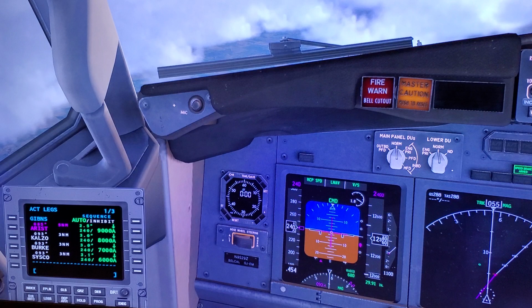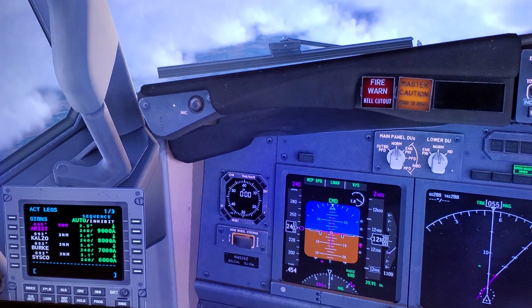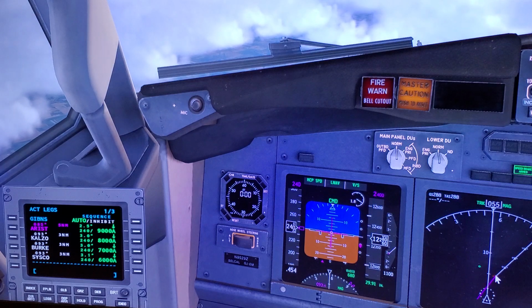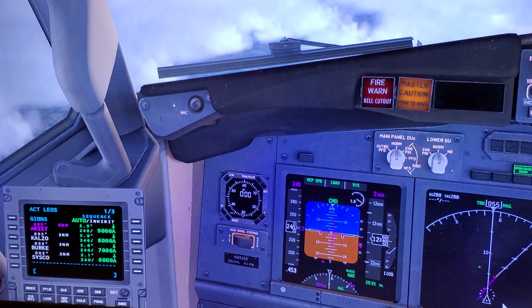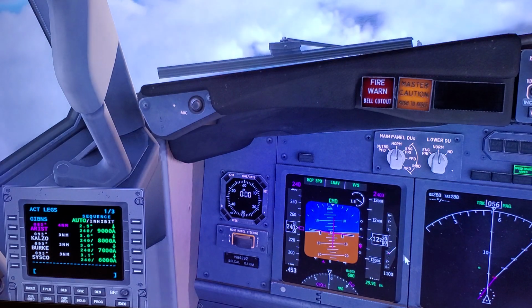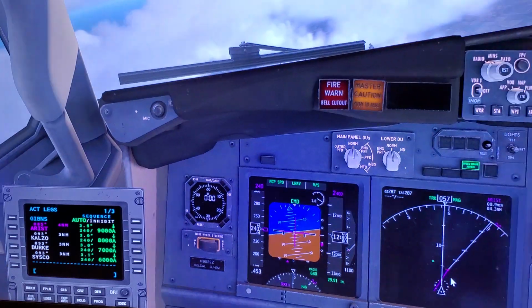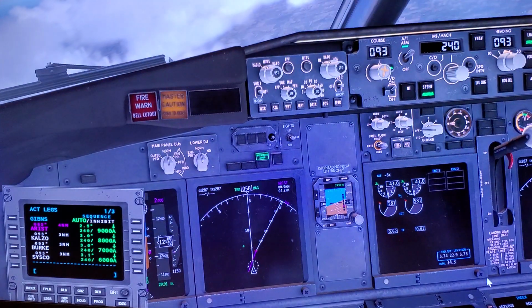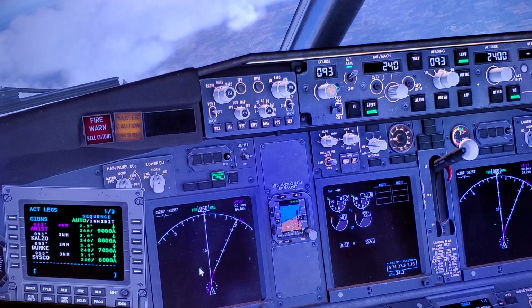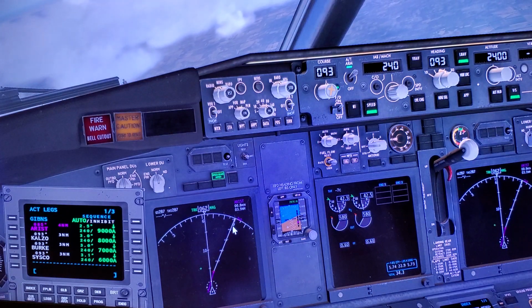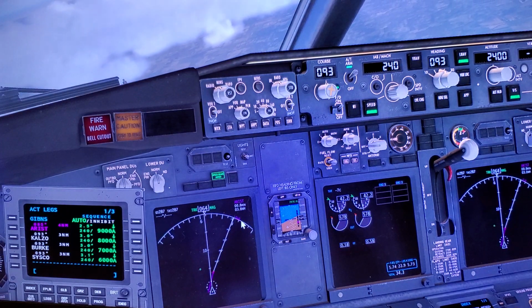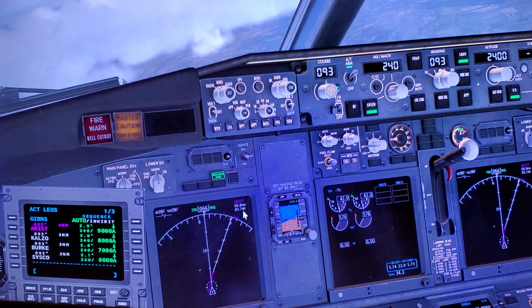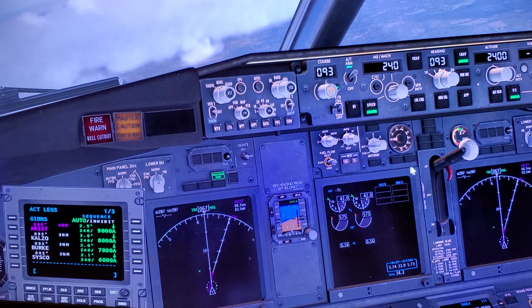So I have 1.1 nautical miles, 4 minutes for 9,000. So basically I have 3000 more to descend. With this rate it is a lot, because in 3 minutes I'm going to be, so I need 4 minutes and 1000 per minute.